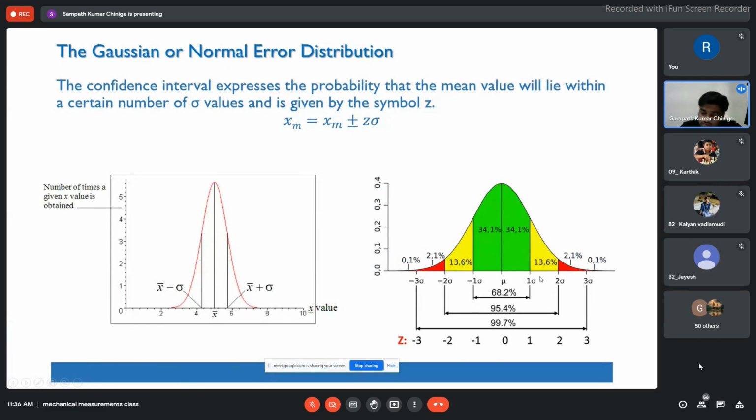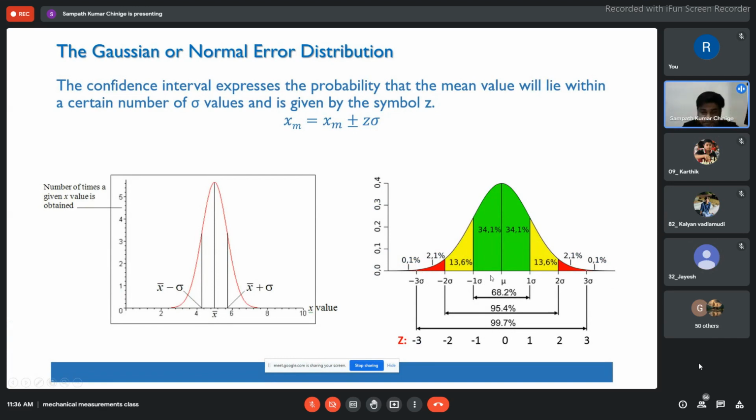That is what this curve explains, if it is following a normal distribution. The third one is mean plus Z equals 3, so 3 times sigma, the standard deviation. Then I can say that out of 100, 99.7% of the readings will fall within this range.